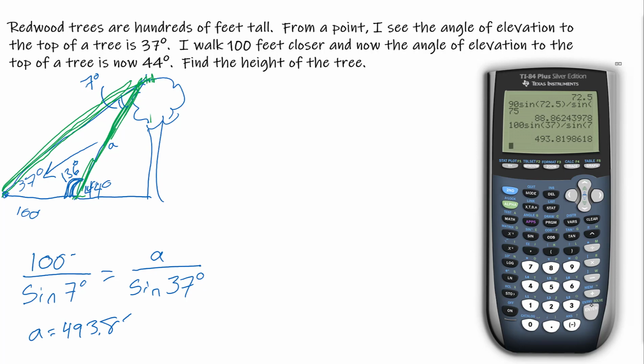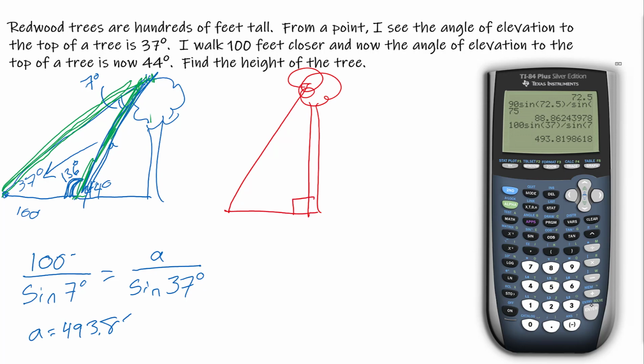All right, so now we know what this hypotenuse is. So let's look now at our tree. Again, we're assuming the tree is going vertically. Not always a safe assumption, but we can use it for this. And we know that this angle of elevation is 44 degrees. We know that this hypotenuse is 493.8 feet. So let's see, this would be our opposite. We'll call it h for height of the tree.